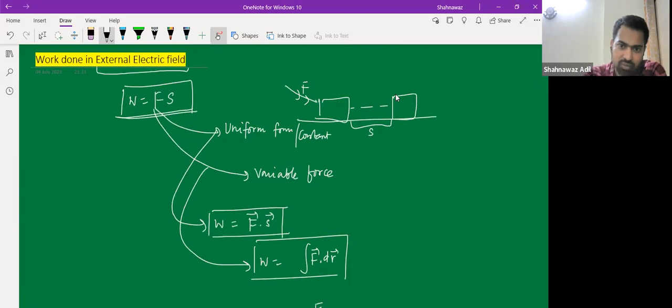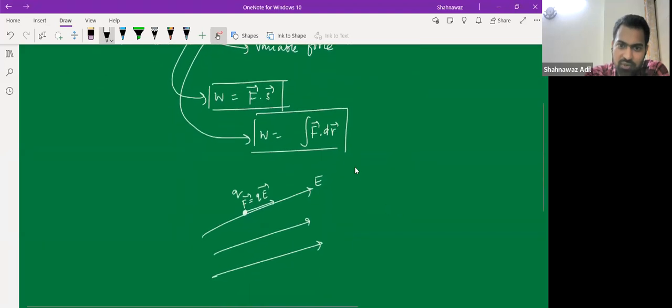Okay, so now we understood that there could be two kinds of forces, but in the case of this electric potential chapter, this force is generated by the electric field. And how is it generated? In the presence of this electric field, the force would be simply QE, right?